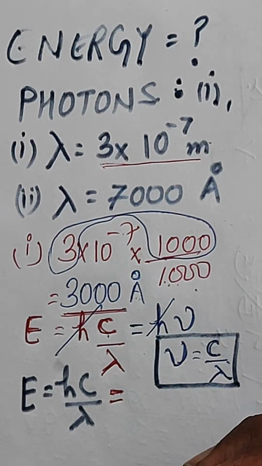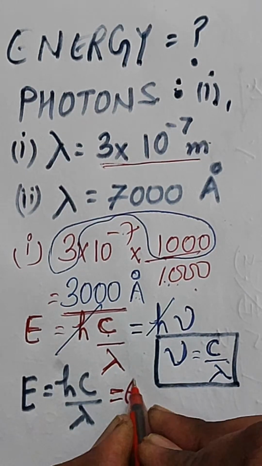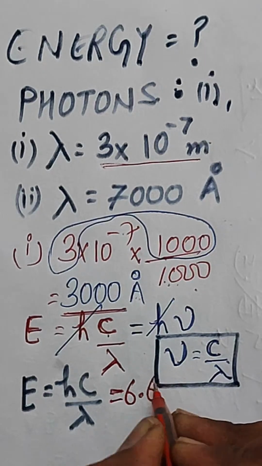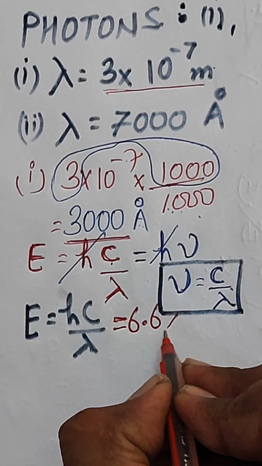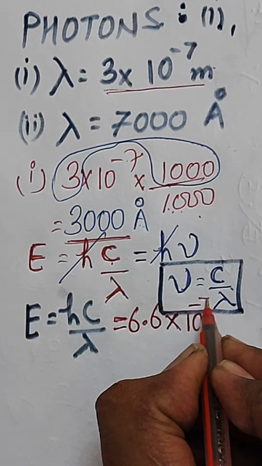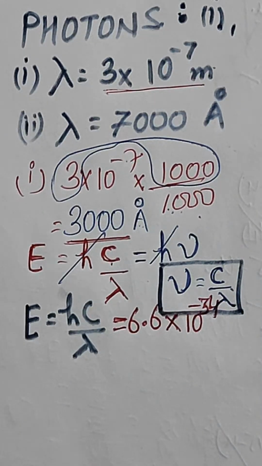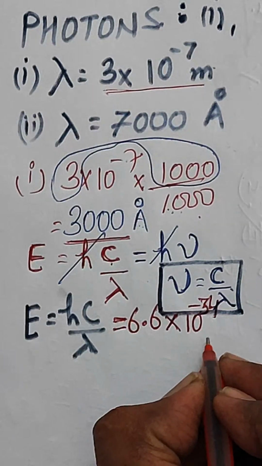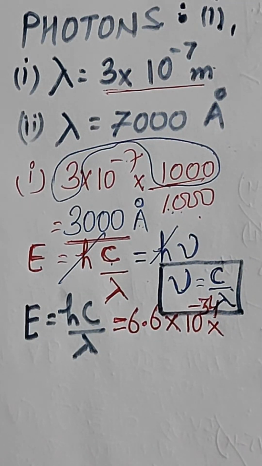The value of h is 6.6 × 10^-34, multiplied with the velocity of light. What is the velocity of light?